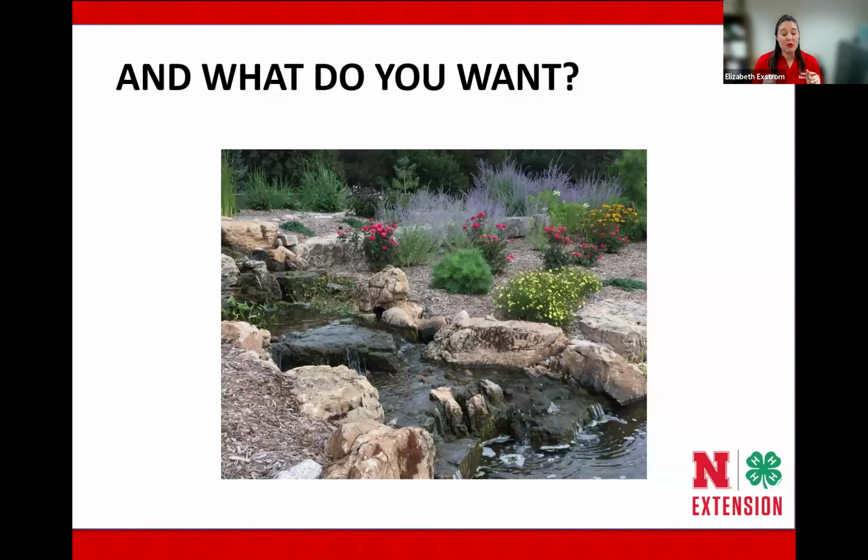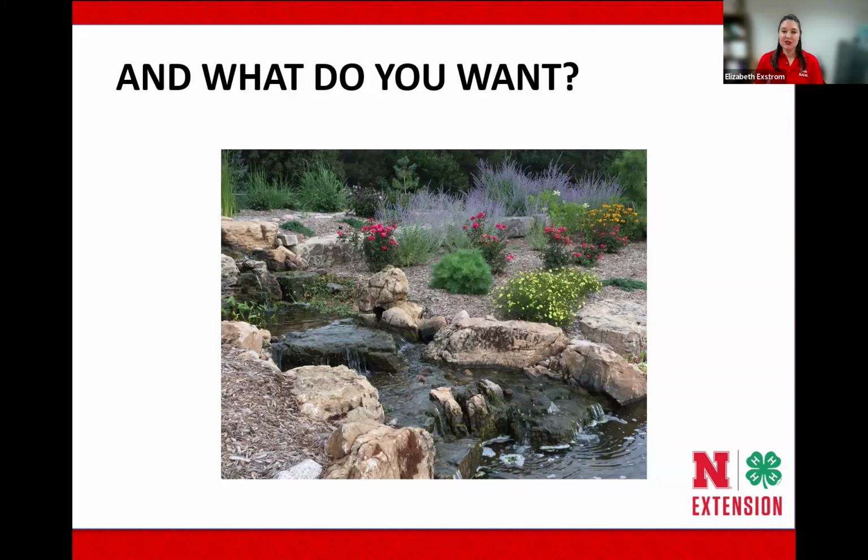So when you think about what you want, we need to take into consideration not only the aesthetics of it, not only the management of it, but how much time, energy, and effort is going to go into maintaining it the way that we want it.